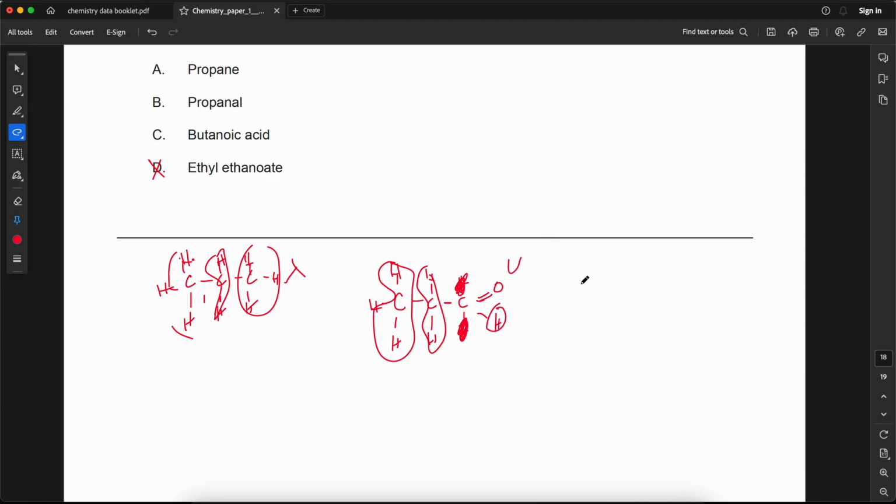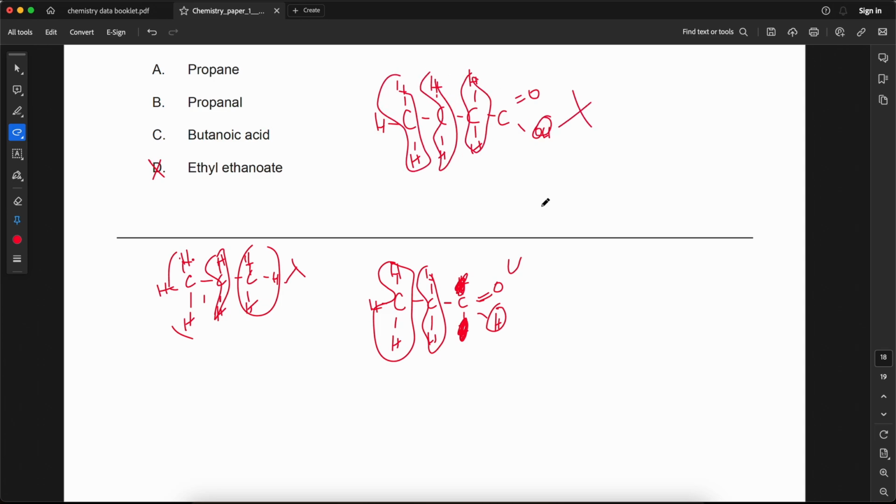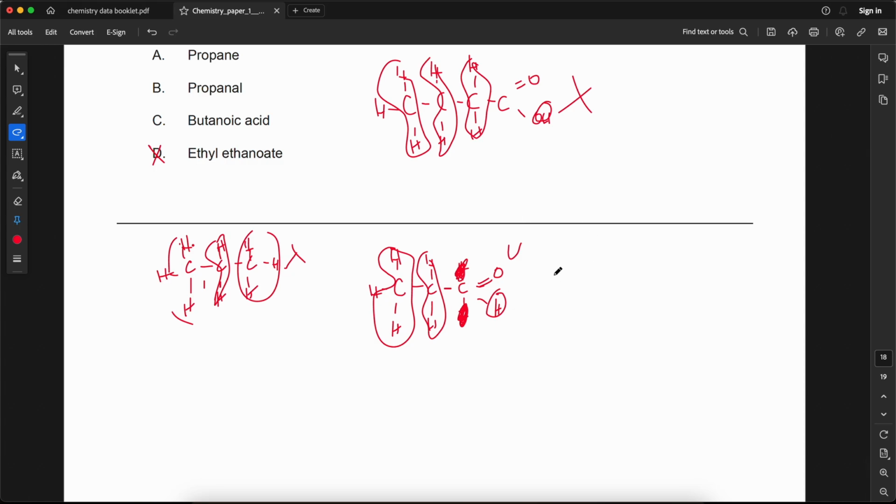And for C, it's butanoic acid. It will have 1, 2, 3, 4, then no. And for the fourth one, ethyl ethanoate, that would be CH3COOCH2CH3.